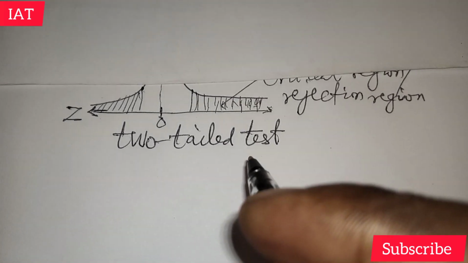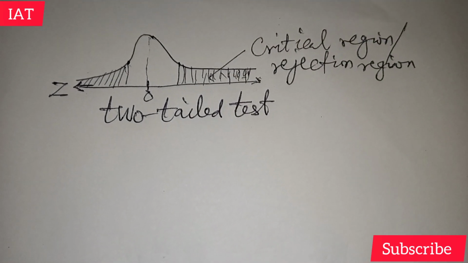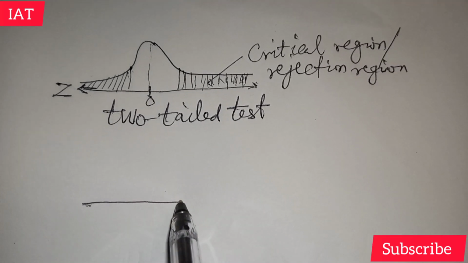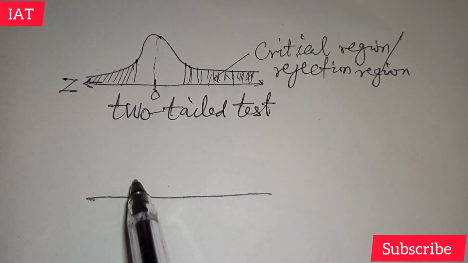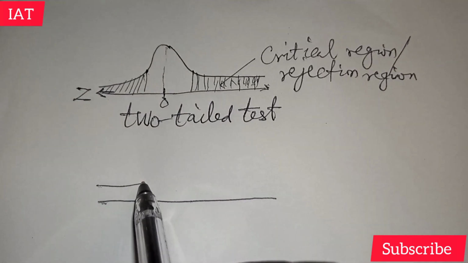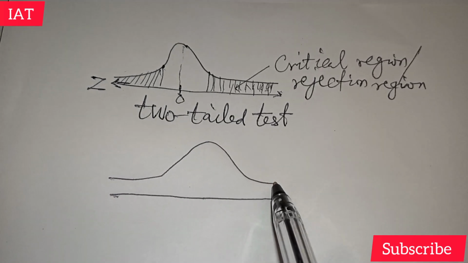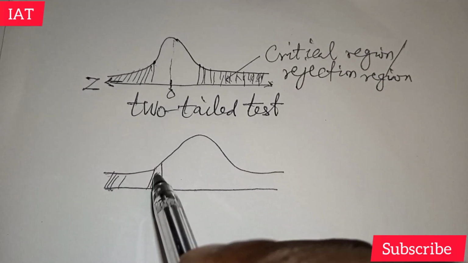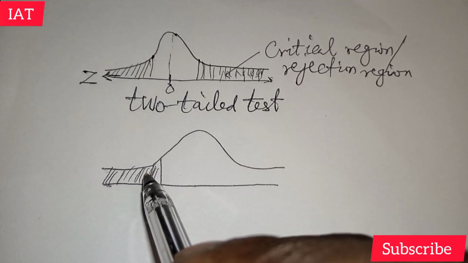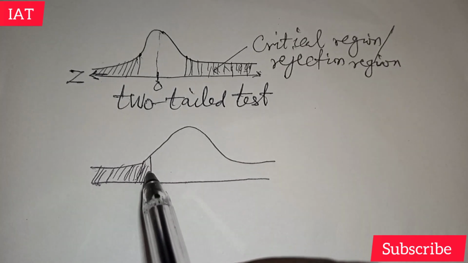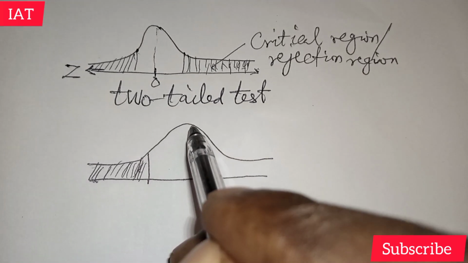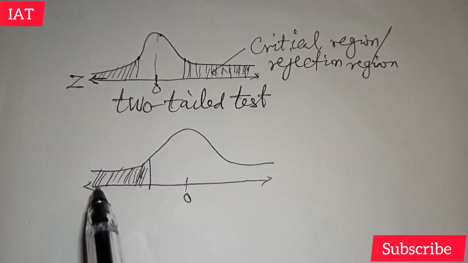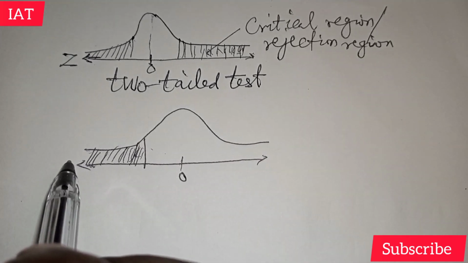And then for the left test and the right test, we will have this distribution, and then if I have only this part shaded, which also is called the critical region and the rejection region, then of course here still remains the center, and this is the left because we shaded only the left part.